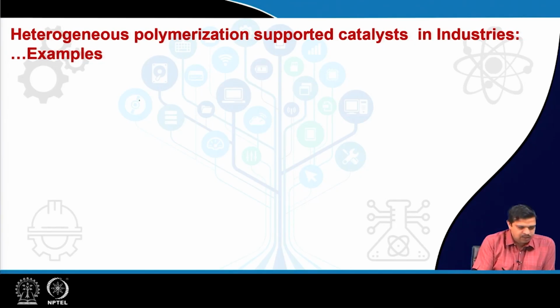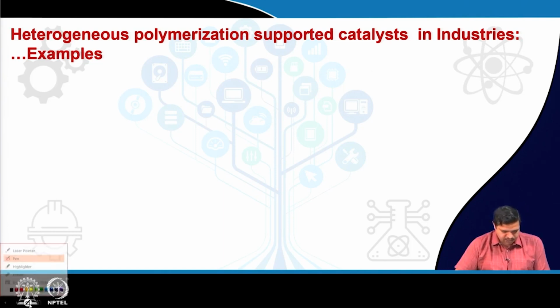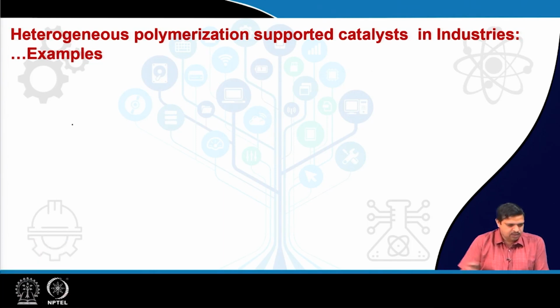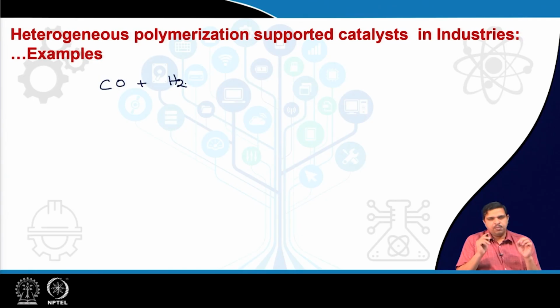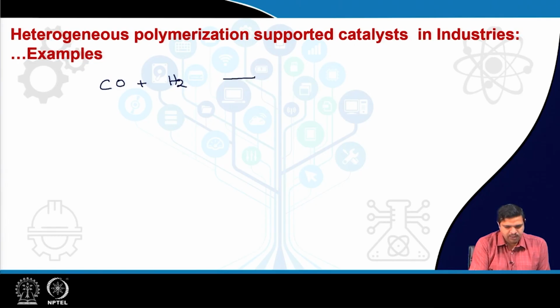This is very important, and you will understand why it is important. You can basically take carbon monoxide and hydrogen, very simple substrates, easily available, and what will you get?